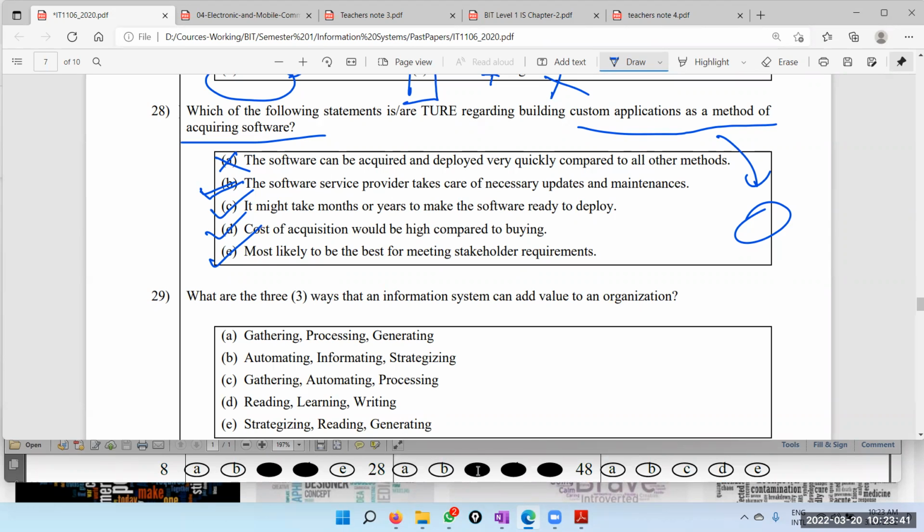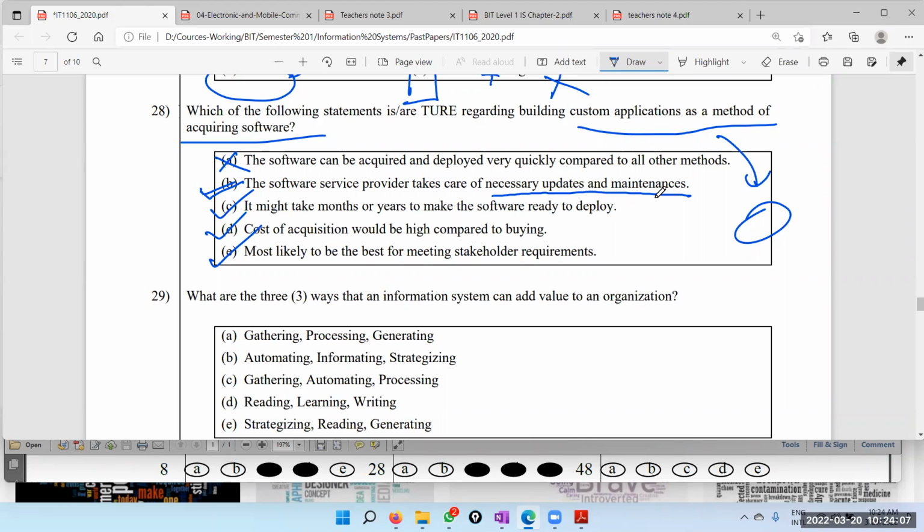Oh, the examiner has not taken B. Okay, so the examiner has taken C, D, E. Now let's see why the examiner has not taken B. The software service provider takes care of necessary updates and maintenance. Okay, so I don't agree, and it's again debatable, right? I can't say that I'm the only correct person here, because these are gray areas.